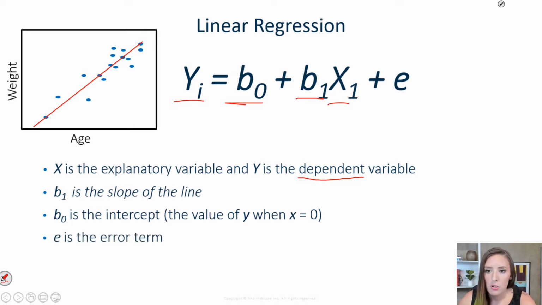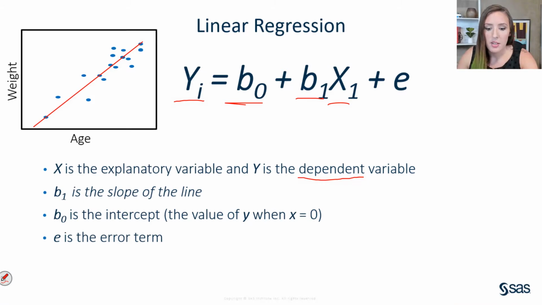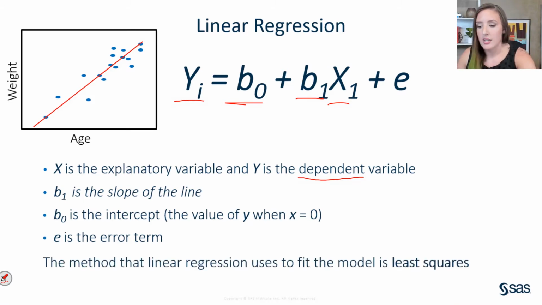If you look up linear regression or logistic regression, you may or may not see the error term, but this is generally always in there. It's not always represented when people are doing the equations. And the method that linear regression uses to fit the model to the data is least squares.